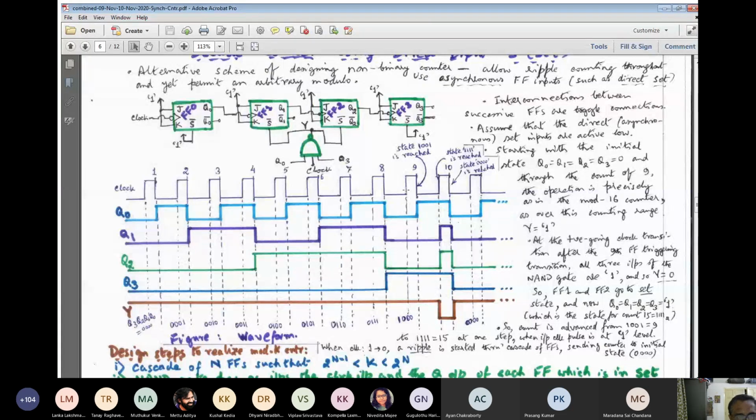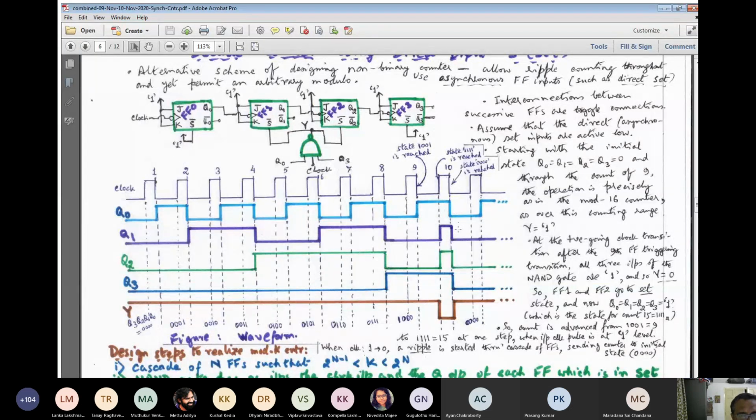At this trailing edge, the 1 to 0 transition we have numbered as 9, but at this point state 1001 is reached, because all are negative edge triggered. Although not simultaneously, Q0, Q1, Q2, Q3 will have transitions.